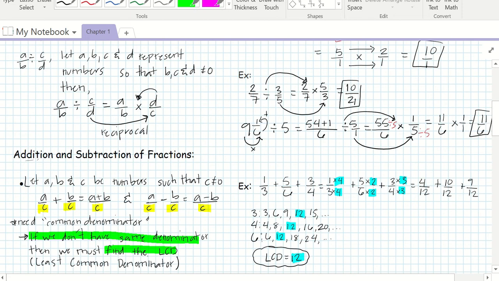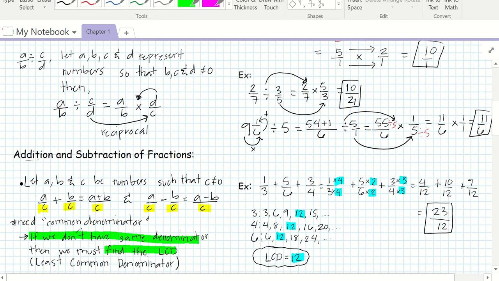So 4 plus 10 will be 14, plus 9 will be 23. So this is 23 over 12, and we are done. So that is adding and subtracting fractions with different denominators. Notice that once we have the same denominators, we only have to add the numbers on the top.